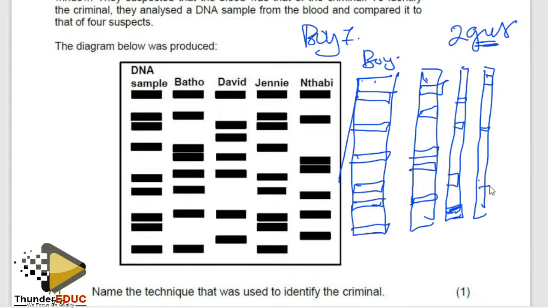So now they ask you: this is the mother, this is X, this is Y. Who is the father of this boy? And after that, they can ask you to explain, for 4 marks. That's it.